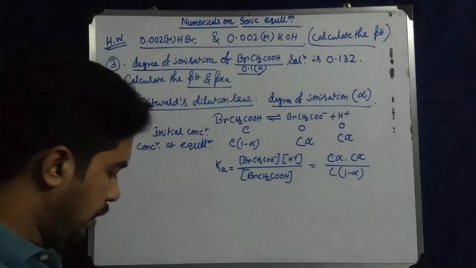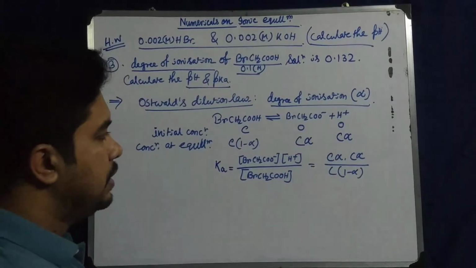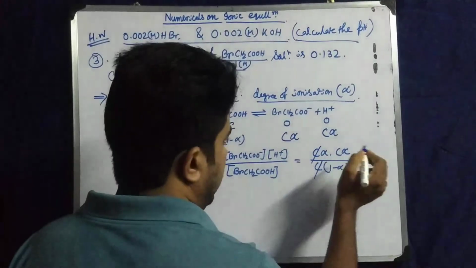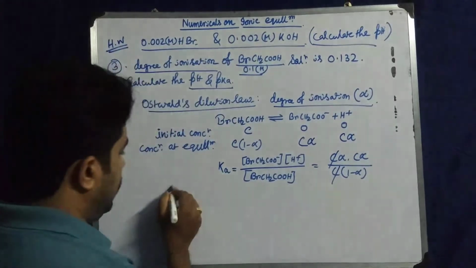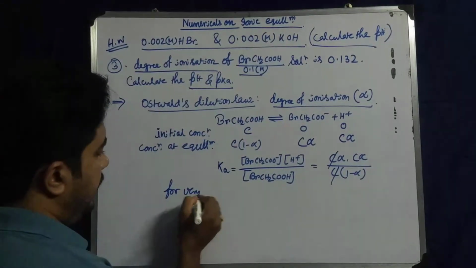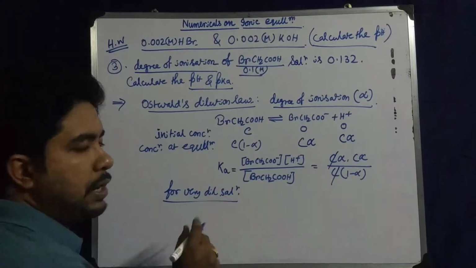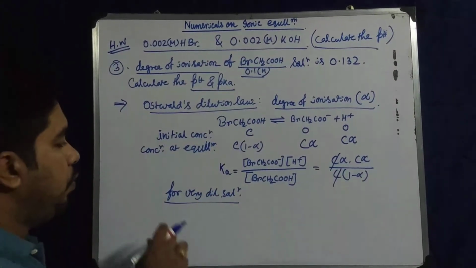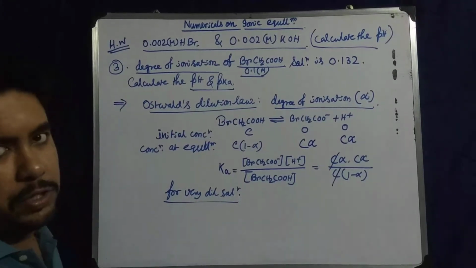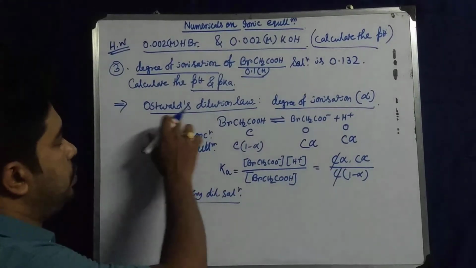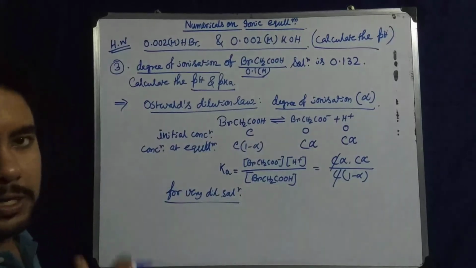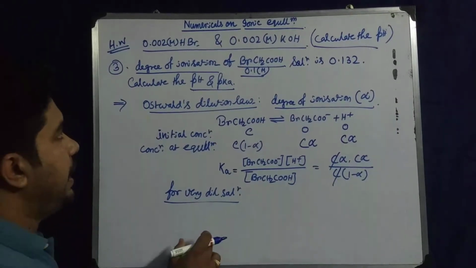So now what will happen? We know that here this C will be cut out, and for very dilute solution we write that. Now obviously the question will arise in your mind: why are we considering it a very dilute solution? Is it because in Ostwald dilution law we have considered it? No. Look at that concentration.